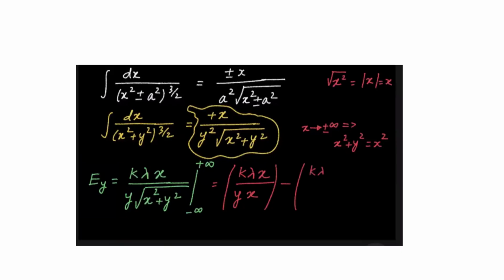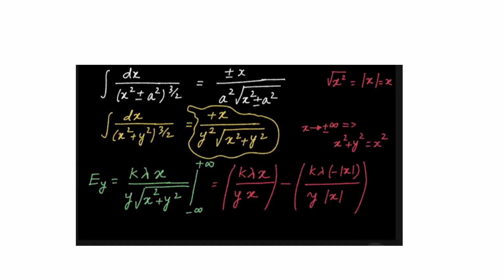Now, at this point, x is a negative value, so I'm going to replace it with minus absolute value of x here to remember that when x goes to minus infinity, it's always a negative value. Absolute value of x is a positive one, divided by y, and then root square of x² is always an absolute value, a positive number.